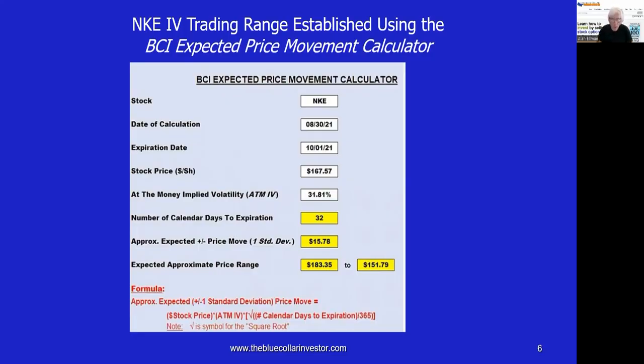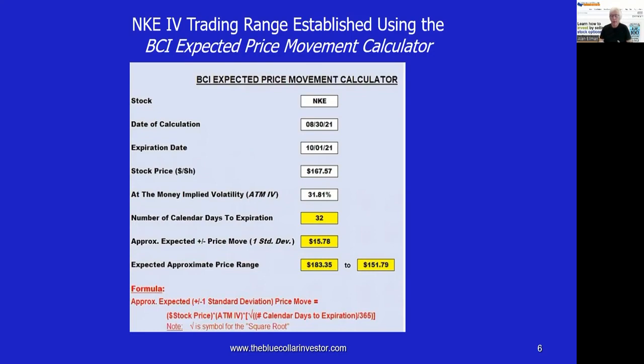Now, here's the formula. What you do is take the price of the stock, multiply it by the at the money implied volatility. Here's the tricky part now. Multiply that by the square root of the number of days to expiration divided by 365. Now, I know that seems complicated to a lot of you.